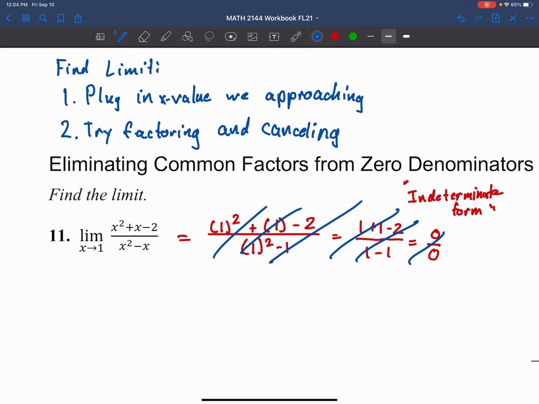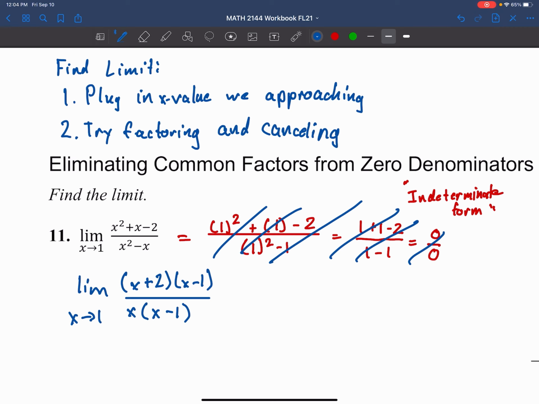Anyway, so let's go ahead and do this next step. I am not going to get rid of the limit, because I'm not plugging anything in here. What I'm simply doing is factoring this as x plus 2 times x minus 1. And then I can also factor out a common x in the denominator, which leaves x minus 1.